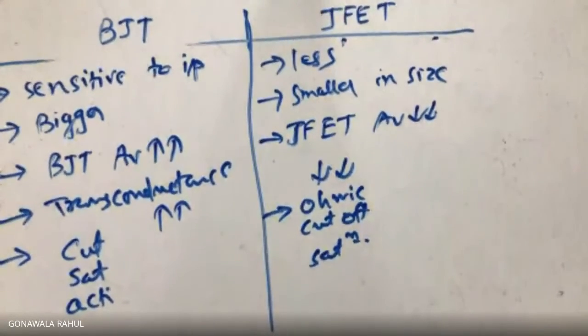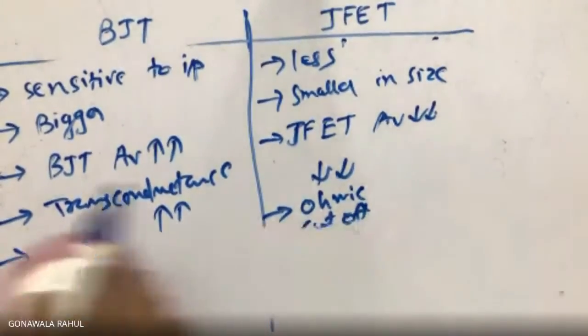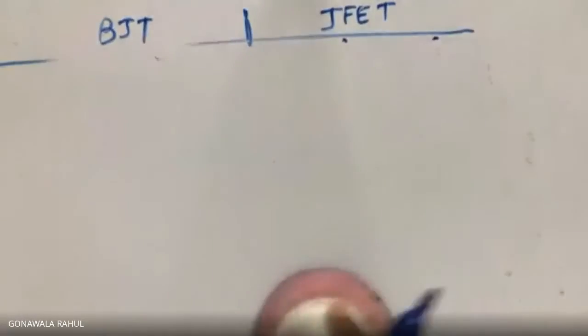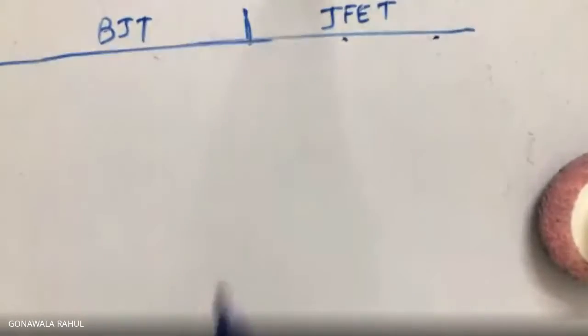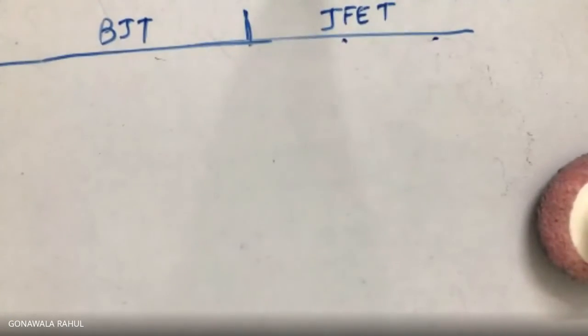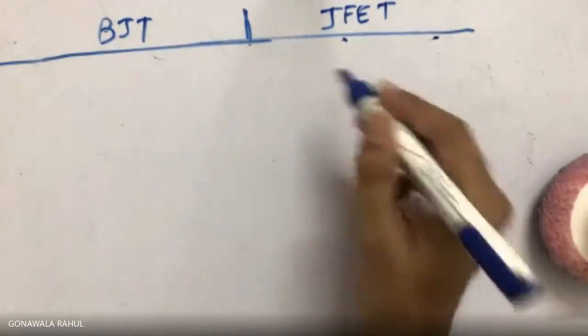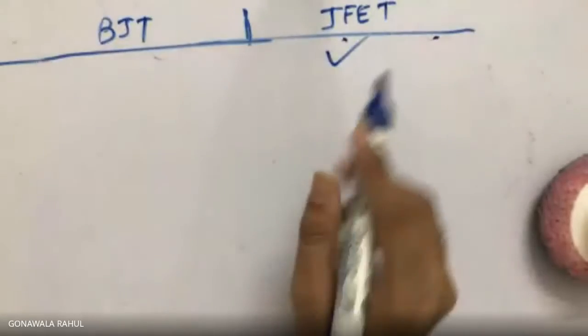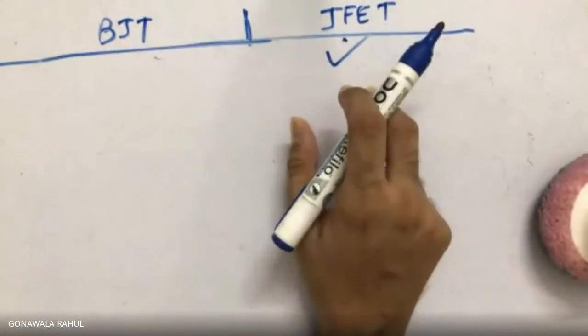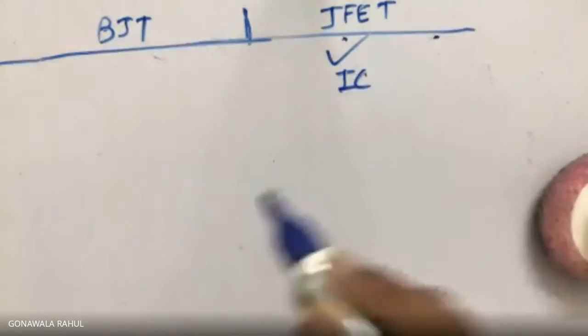Then one other difference is fabrication, means to manufacture. JFET is much simpler to fabricate in IC form.